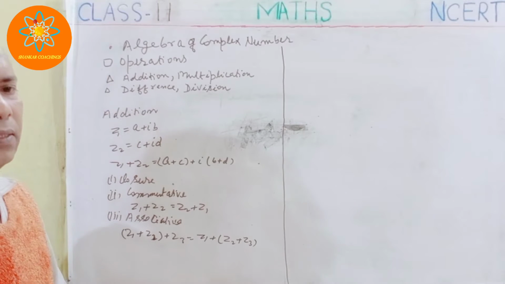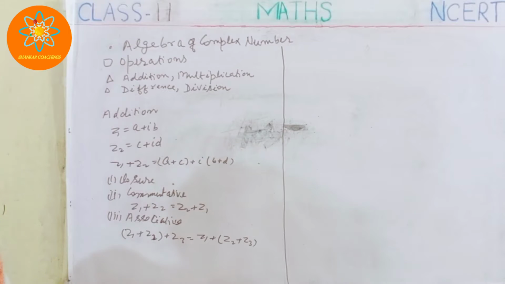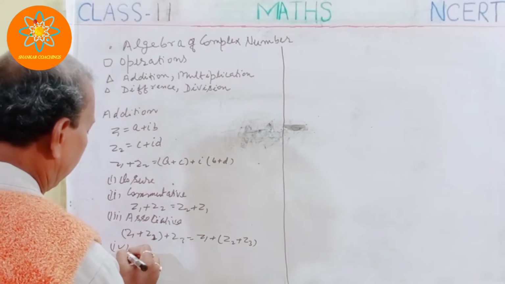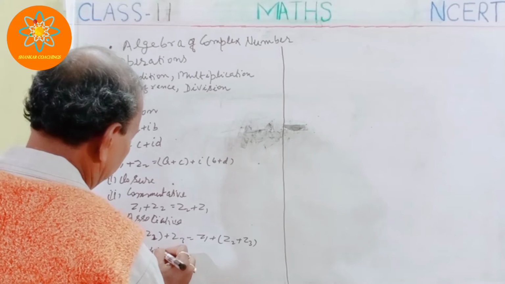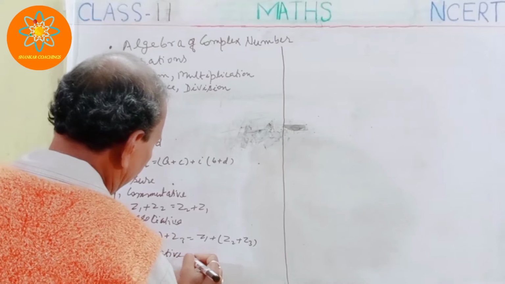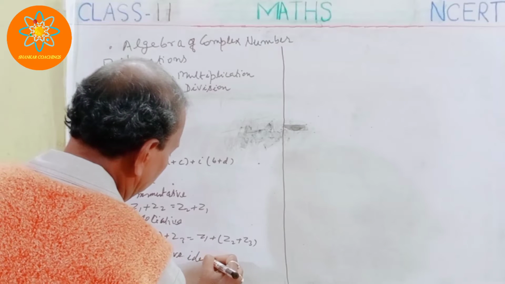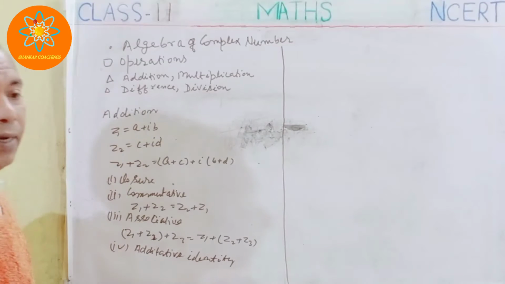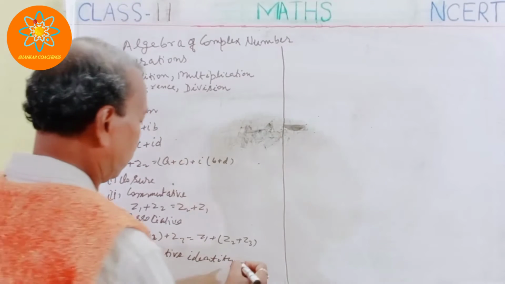Now one more thing, that is called the additive identity, number four. Additive identity in the complex numbers is the value 0.